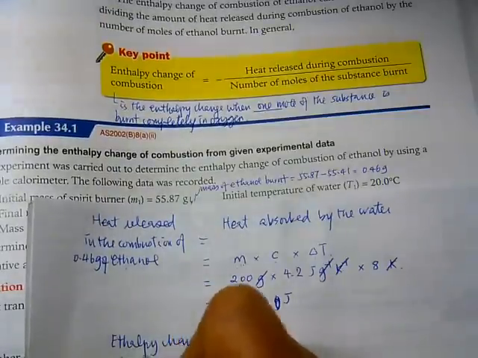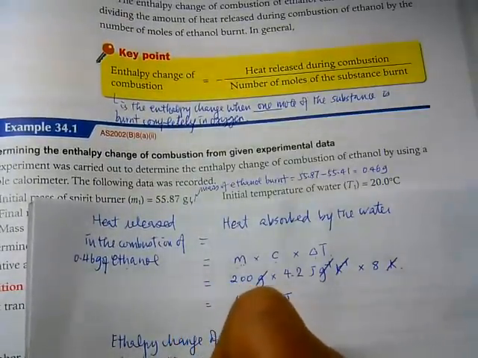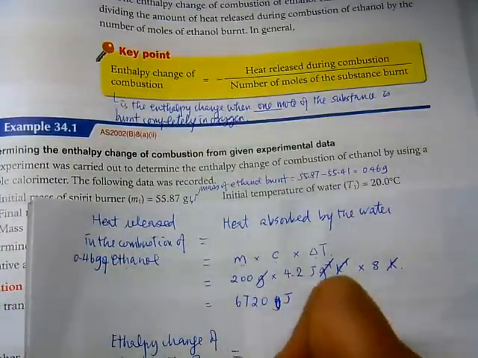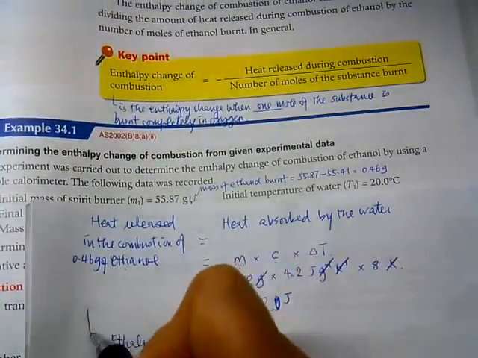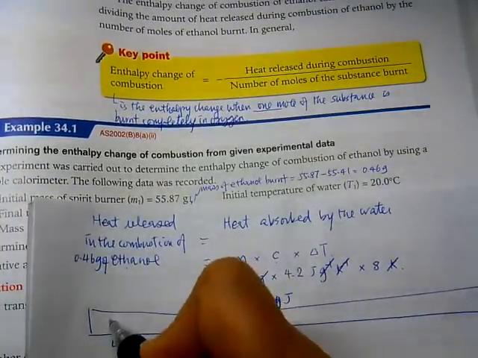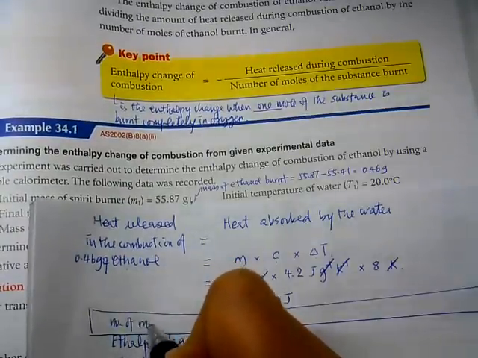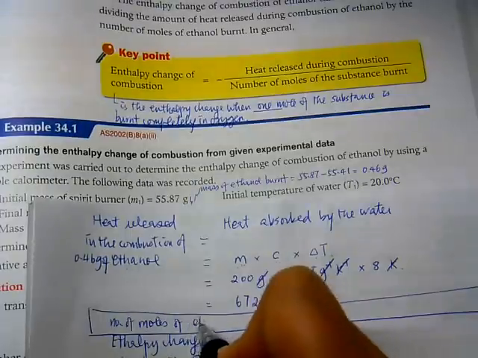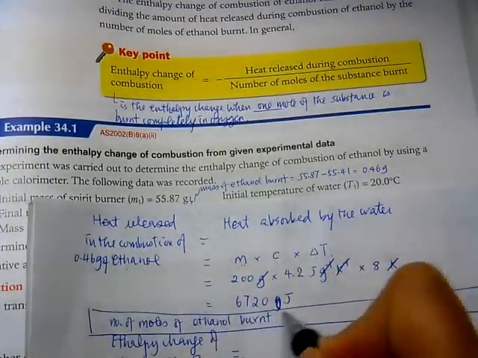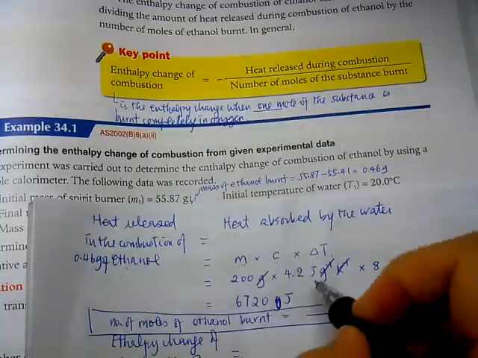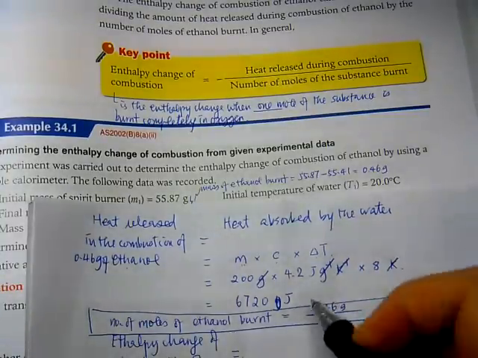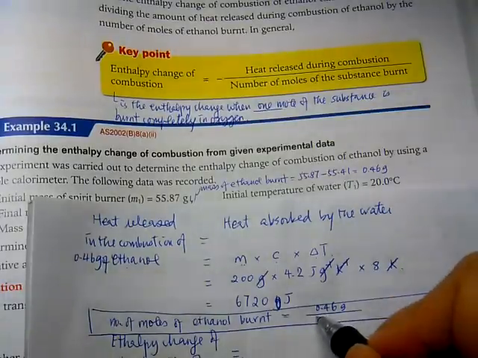Now, according to this definition, we need to work out the enthalpy change of combustion of ethanol. In other words, I need one more step here. We need to calculate the number of moles of ethanol burnt, which is equal to the mass of ethanol burnt, 0.46 gram, over molar mass of ethanol.